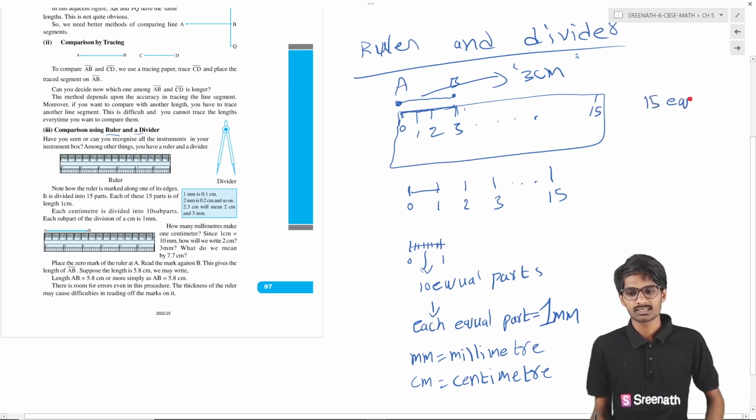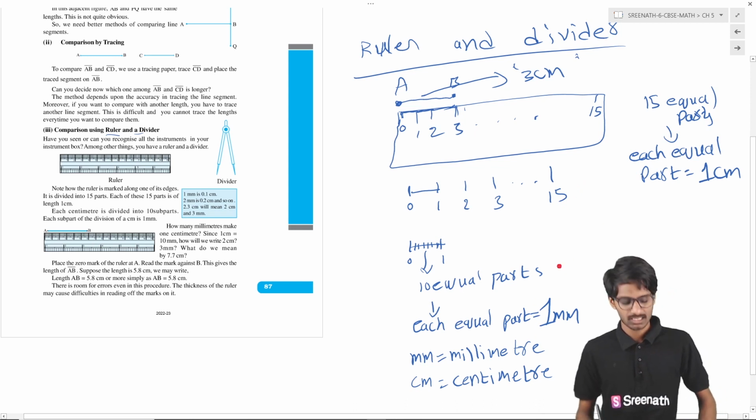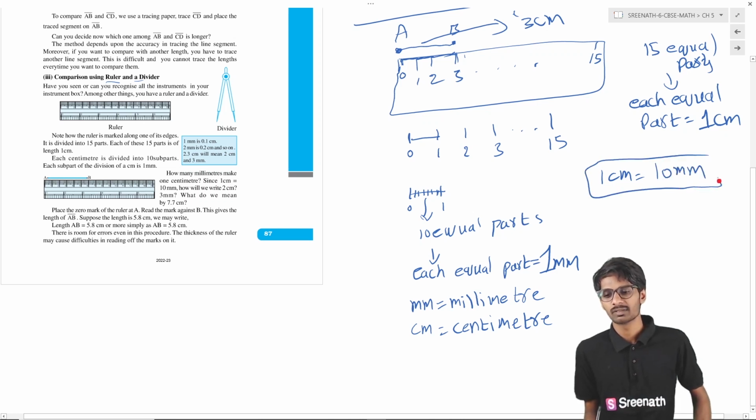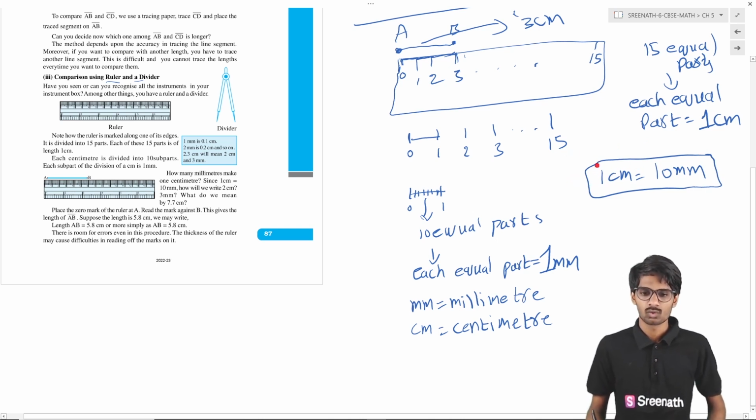Okay students, each equal part is equal to 1 centimeter. What is the comparison between centimeter and millimeter, students? We know that 1 centimeter is equal to 10 millimeters. So this is all about the ruler and the markings and the readings on the ruler, students.